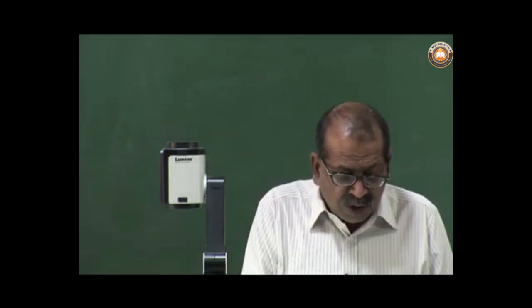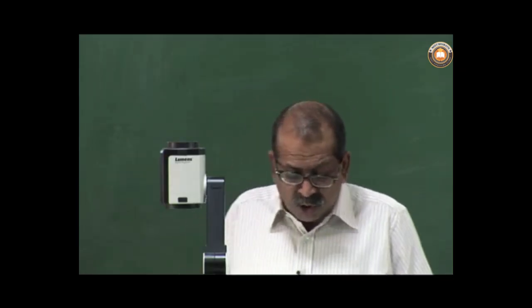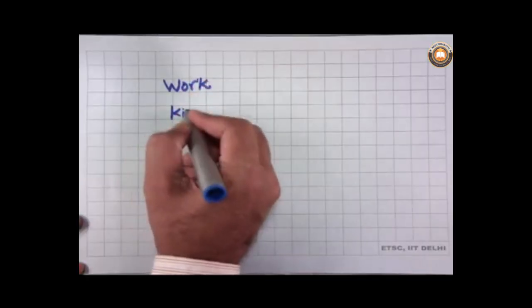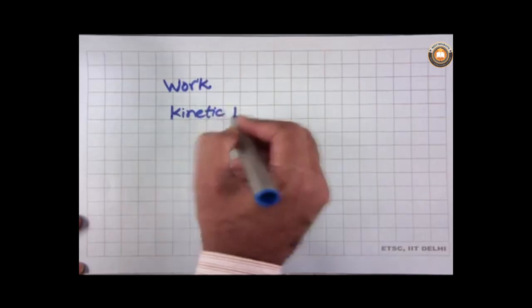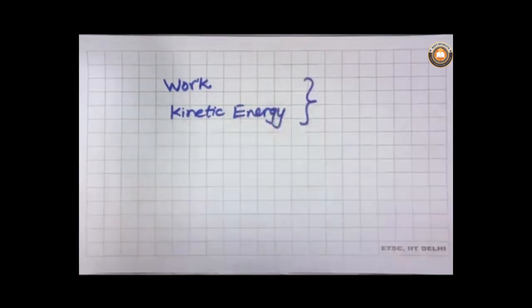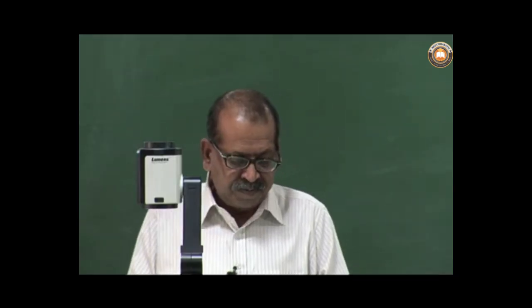In order to see this, let us introduce two new concepts: the concept of work and the concept of kinetic energy. These are two terms which will be defined in the sense of physics in today's class.